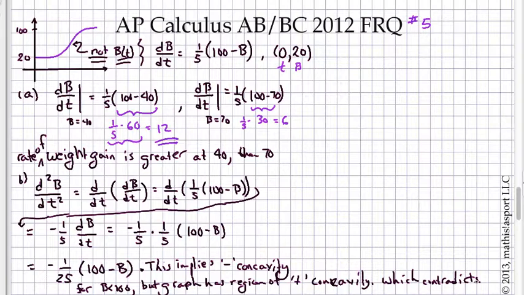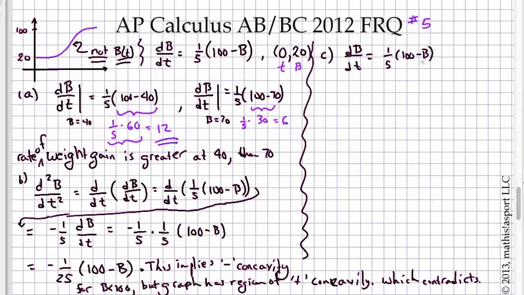Okay, finally, we'll use separation of variables to handle part C. We have dB/dt equals 1/5 of (100 minus B). We separate the variables.